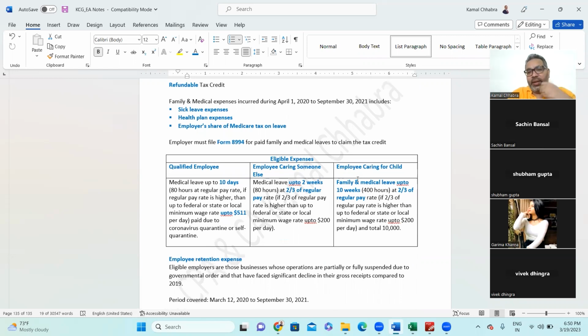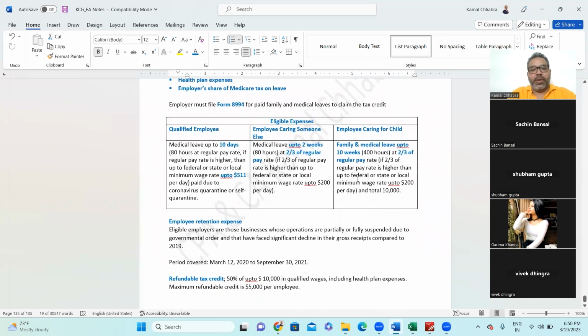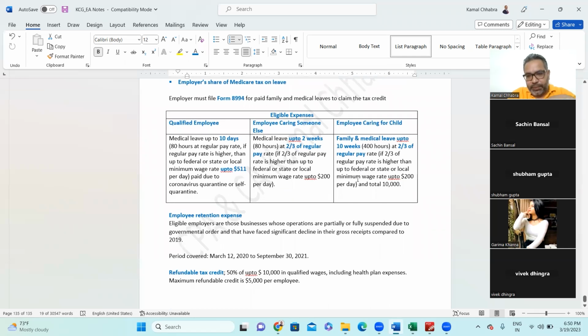There are three categories of leave which the employer has given under the family and medical leave expenses. The first is for the employee himself, second is for taking care of someone else, and third is taking care of their child.